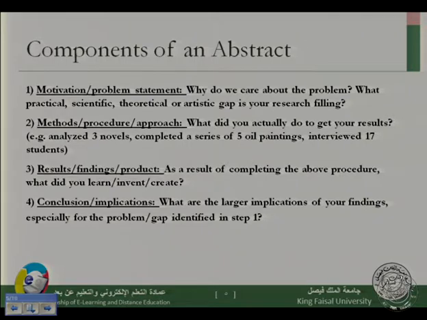Let's say that we have research in the Saudi context about students studying the English language, and we know their problems in learning English, why they fail, and why they succeed.